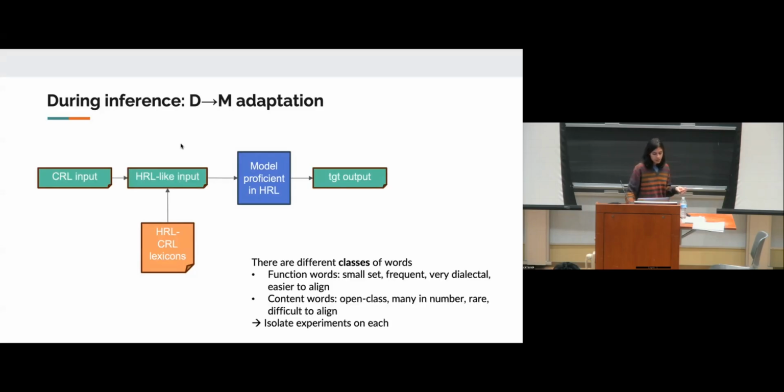Okay, we are still separating out two classes of words. We have function words that are a small set. They are very frequent, they are much more dialectal, and they're easier to align. And content words have different characteristics. They're open class, they are difficult to collect bilingual lexicons for because there are many, and they're much harder to align and much more difficult basically to have for low resource languages.